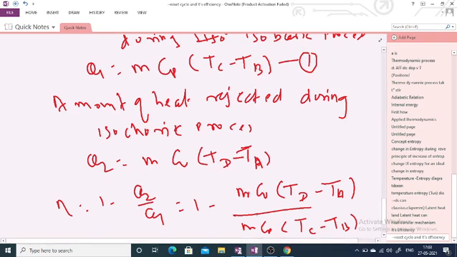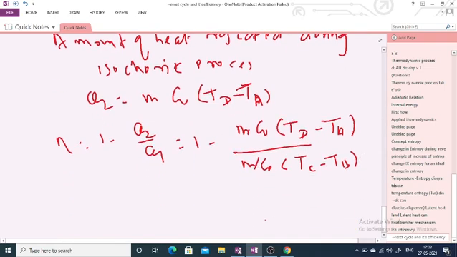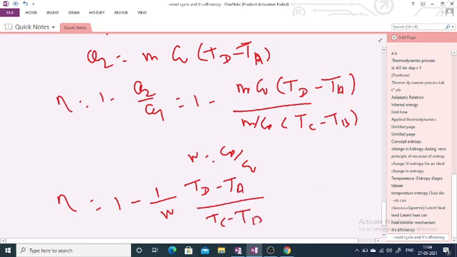Here we do not take Cv or Cp separately, but the ratio of the specific heat at constant pressure to that at constant volume, that is gamma is equal to Cp upon Cv. So we got the equation for the efficiency: 1 minus 1 upon gamma, (Td minus Ta) divided by (Tc minus Tb).